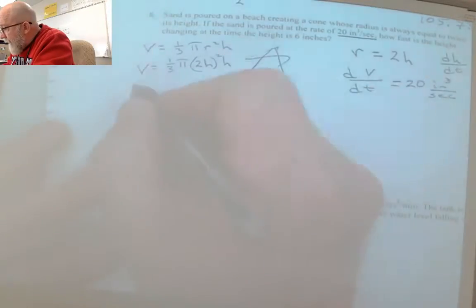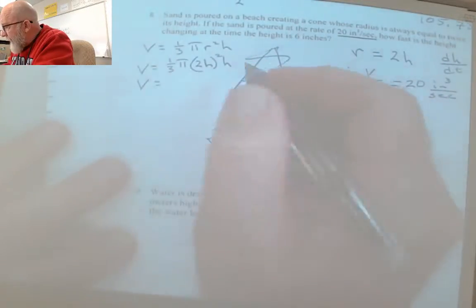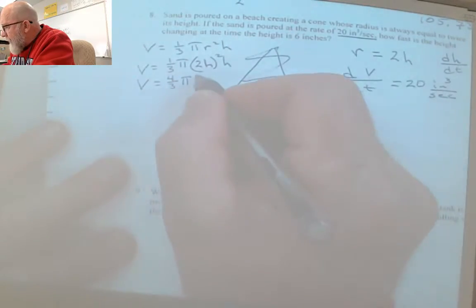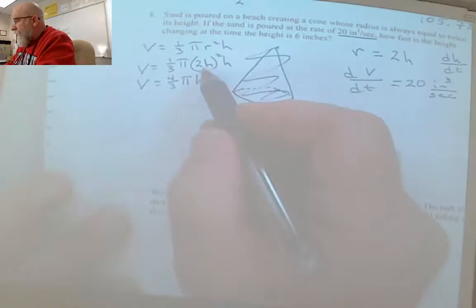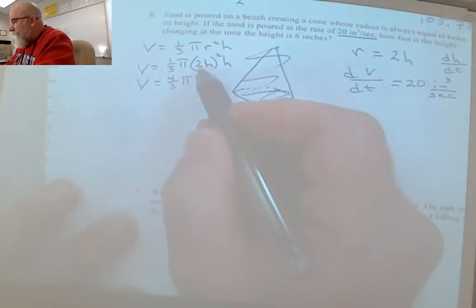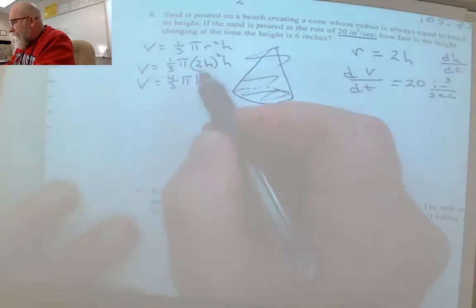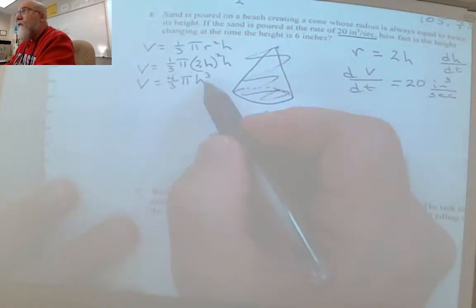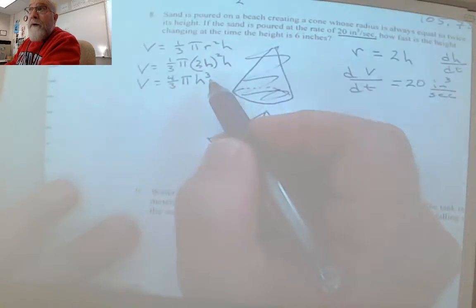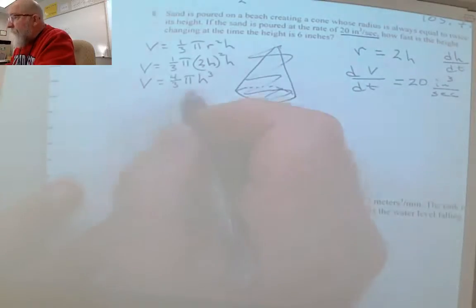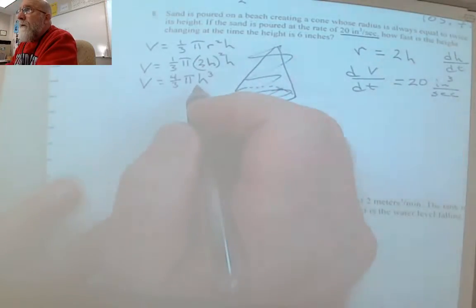So I'm going to continue with this, and I got V equals 4/3 pi h cubed. What I did is I took 2h and squared it and got 4h squared, multiplied by 1/3, and that's where I got 4/3. And then h squared times h is h cubed. Okay with that, with everybody? I can make that jump? Cullen, do you feel confident of taking the derivative of this?